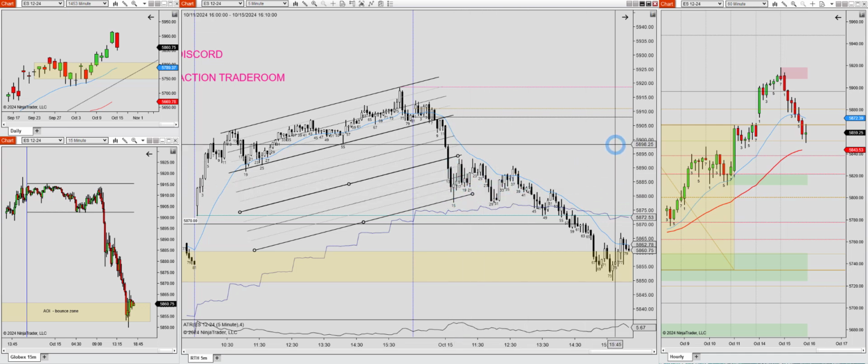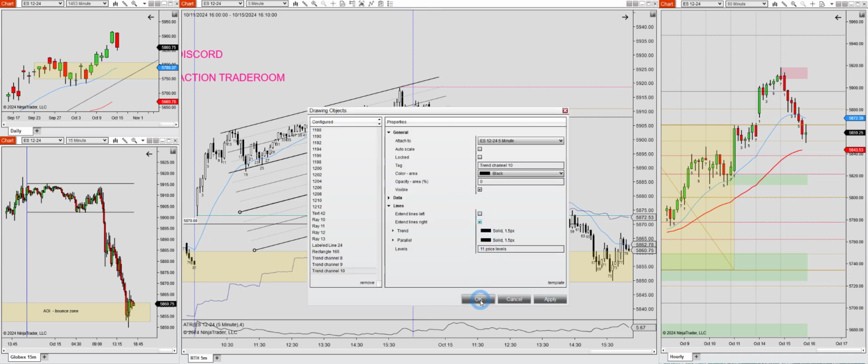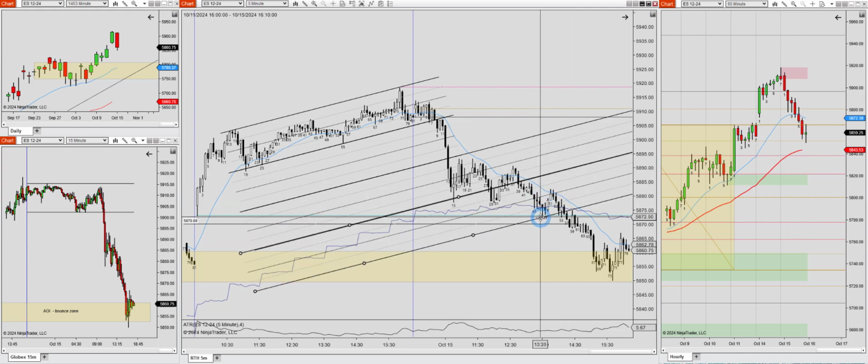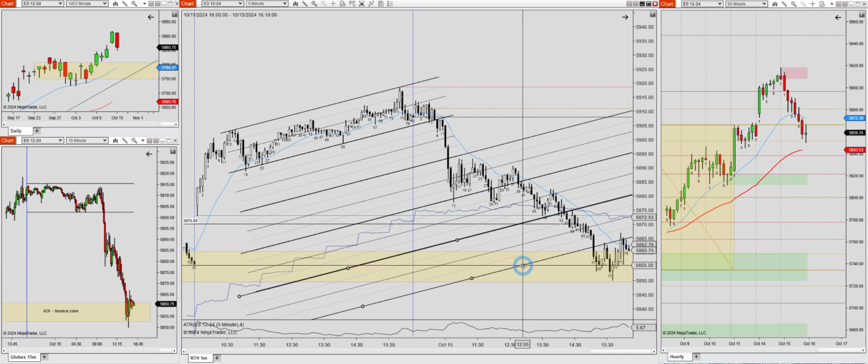But if you actually extend this channel, let me extend it right there, you're going to see that channel broken right here. So you're going to keep stacking these, and you're going to find the next target, which is somewhere around this low, right? And I see another break. Okay, I'll just take another exact same channel. I'm doing nothing different, and I'm going to stack it to the downside.